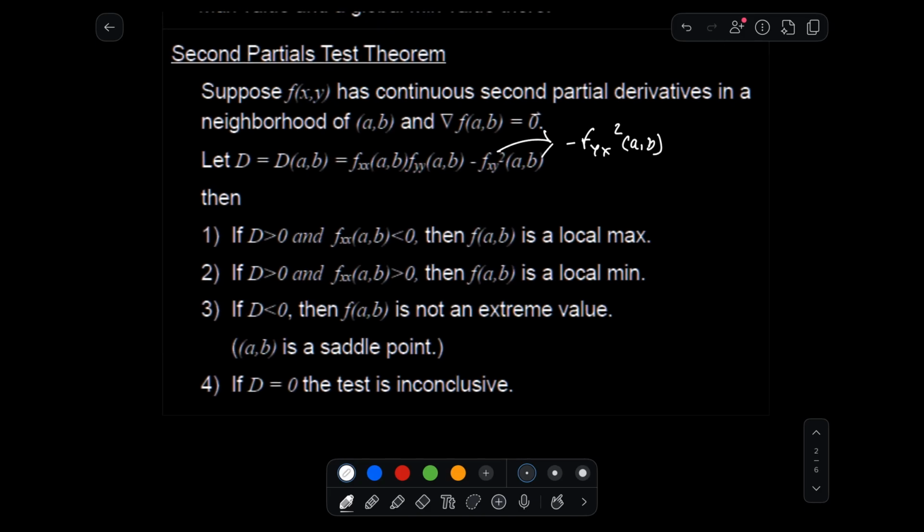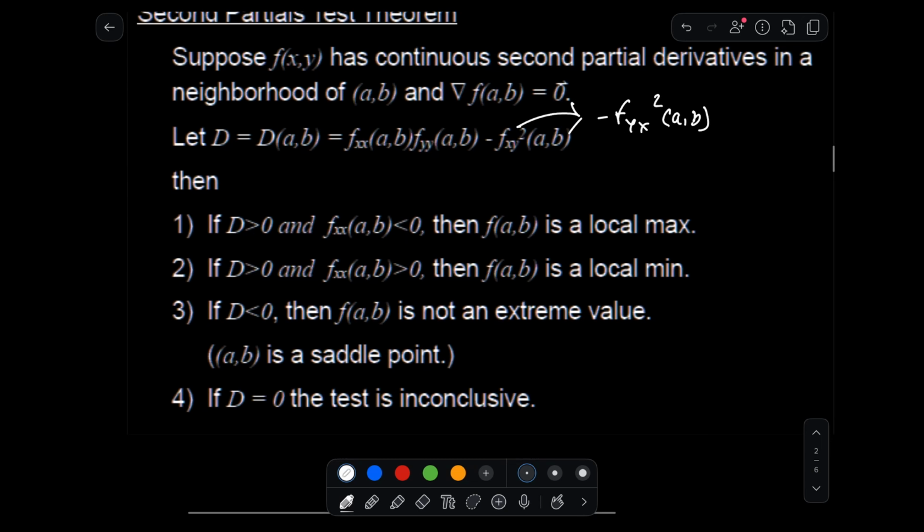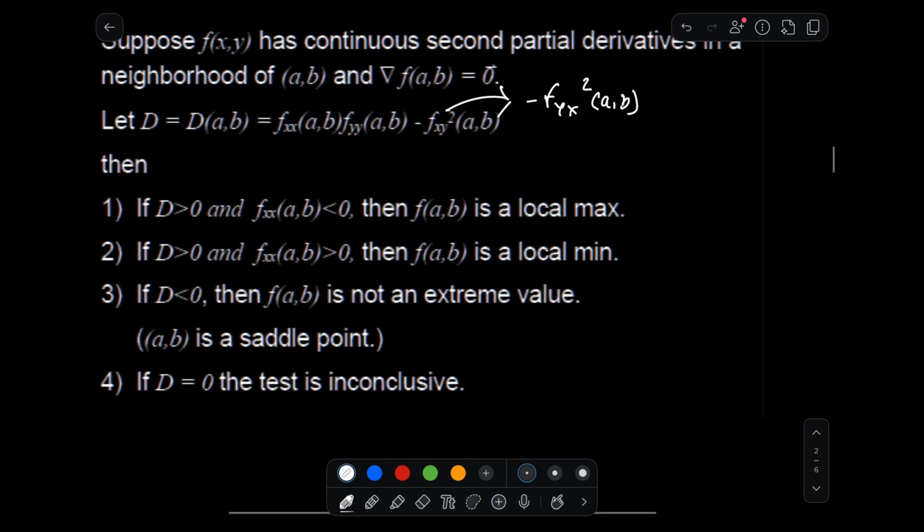And looking at this now, if we have D greater than 0 and f sub xx at (a, b) less than 0, it's the second partial of f with respect to x both times, then (a, b) is a local max, right?